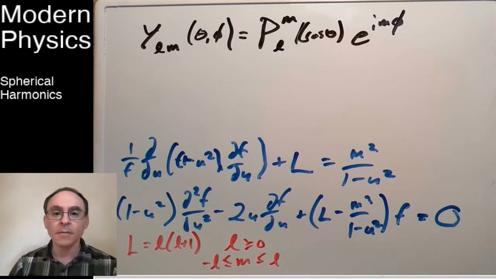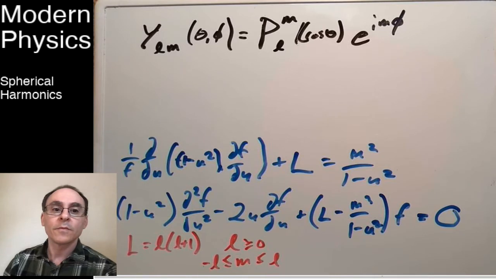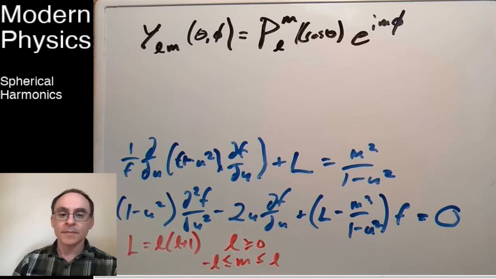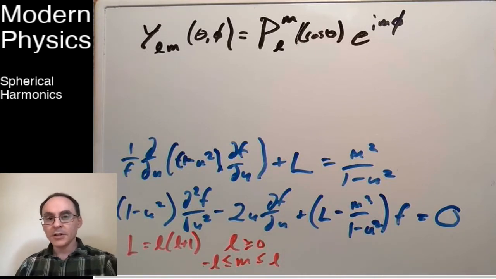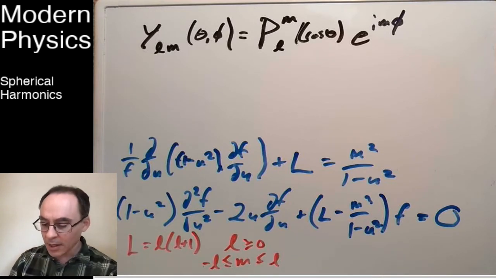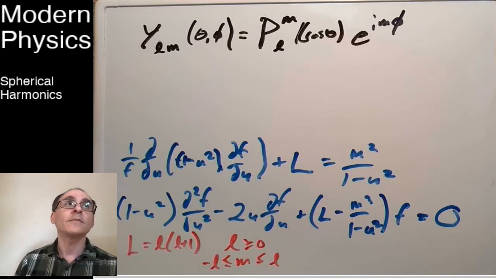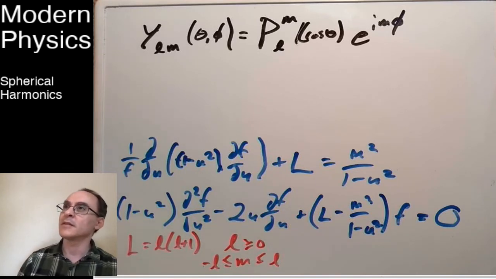Generally, you go and look these up. The one thing I want to caution you about is that there are a lot of communities in different areas of physics and math that use these functions because they're widely useful. Remember, we got these by doing the Schrodinger equation in 3 dimensions, but the potential didn't even come into it.